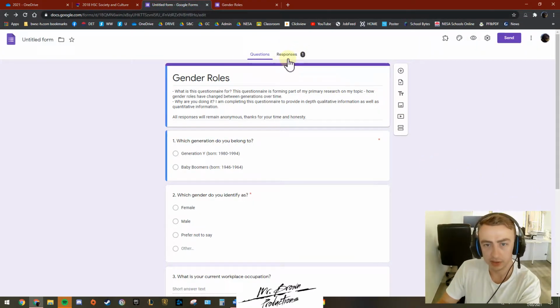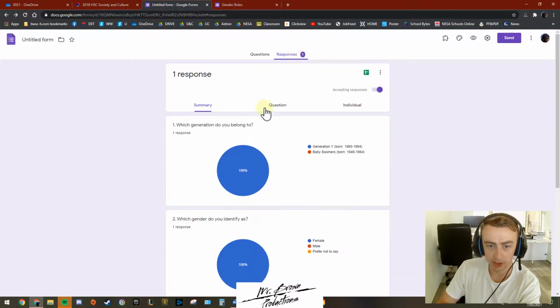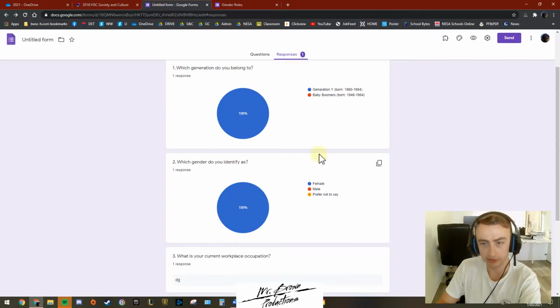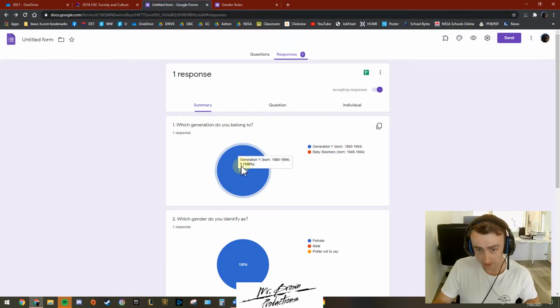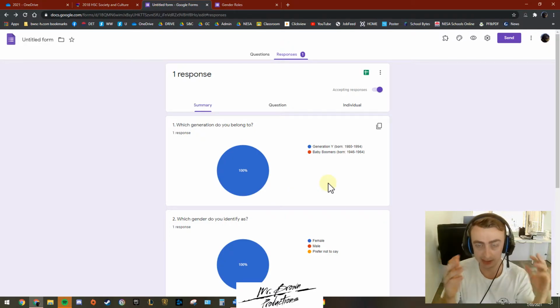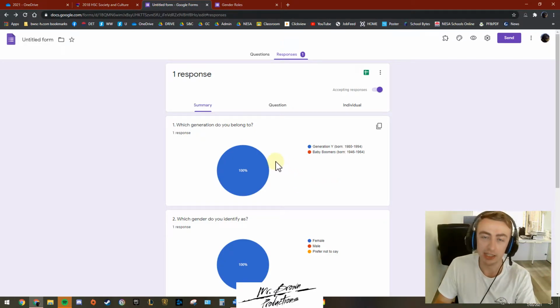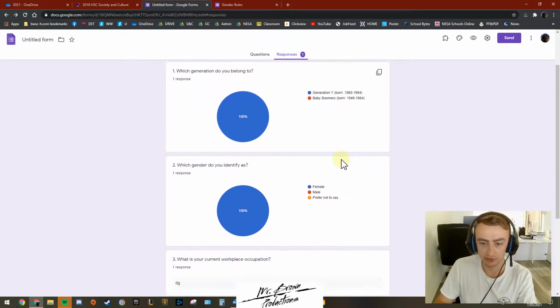What you'll find is the response will come up, and in your responses tab you will get these little pie graphs. So obviously when people do more and more questions, you're going to have different ones, but this is an example of a close-ended question that can form tabulated and statistical information and data, like our quantitative research methods suggest.